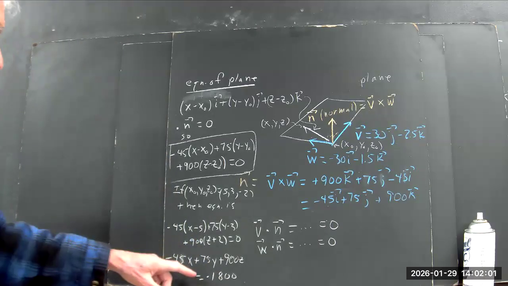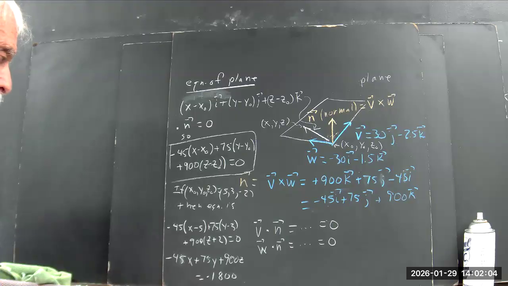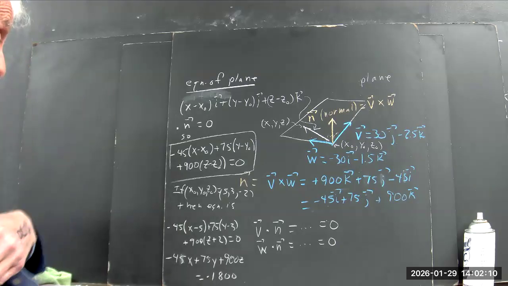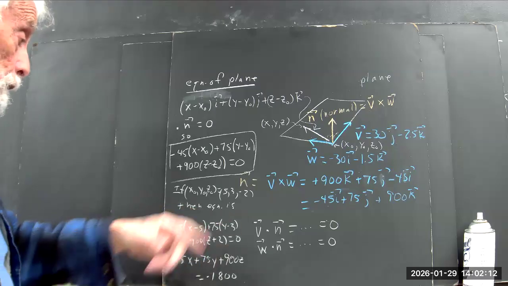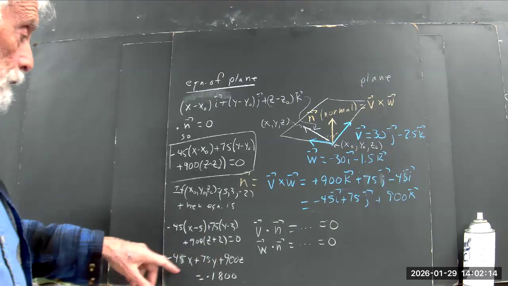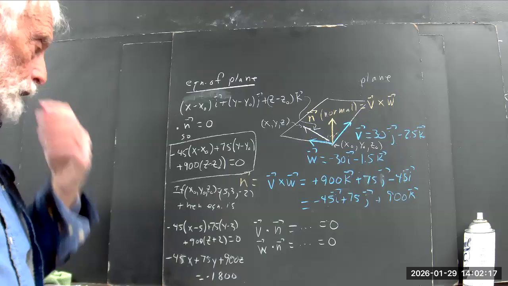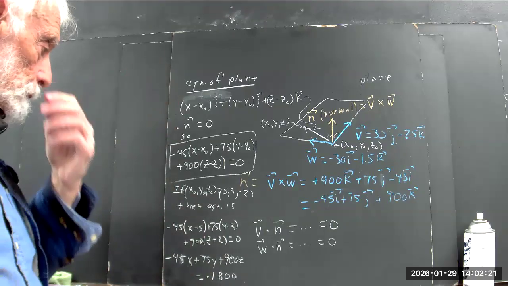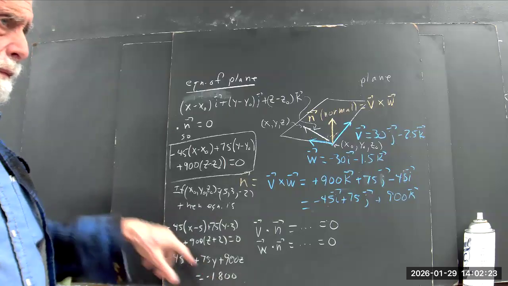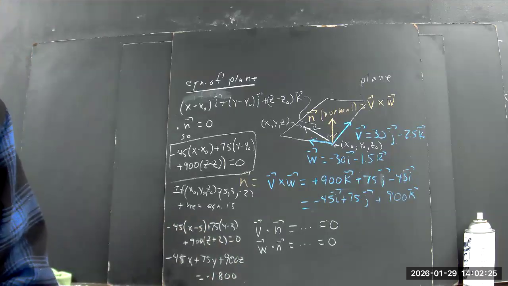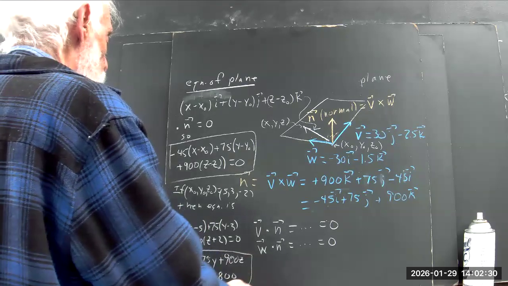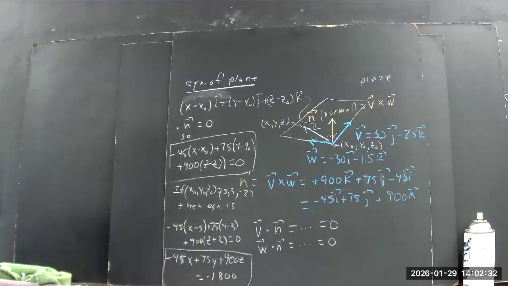Now, I can divide through all this at least by 5. 5 goes into everything evenly, so I'd have negative 9x, 15y, and 180z equals negative 360. So I can reduce the numbers in the equation, but right there's a perfectly good equation. This equation represents the plane.